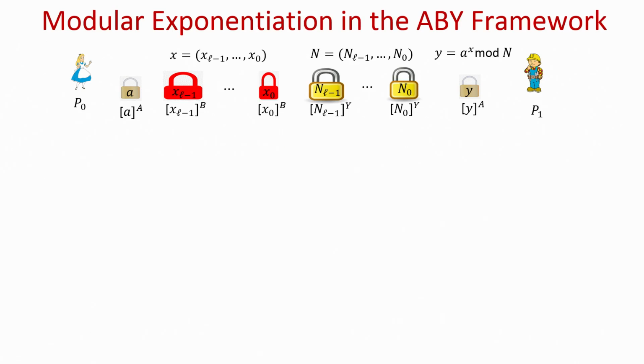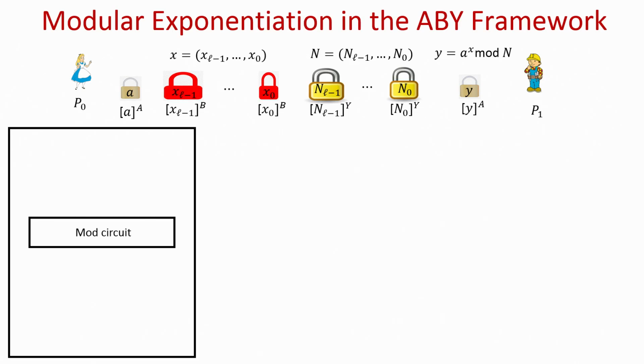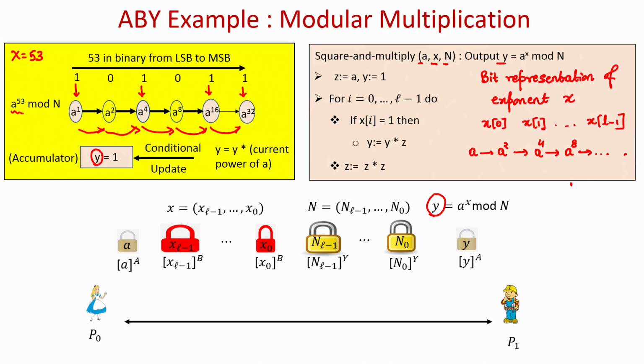Now, to get this computation done, we will identify the building blocks that we will require here. Definitely we have to run the square and multiply algorithm, but on secret shared values, and in the square and multiply method we have to do modular multiplications, because there are two instances of multiplication: one when we compute the next power of a by squaring the current power of a, and another conditional multiplication where we conditionally update the partial result.